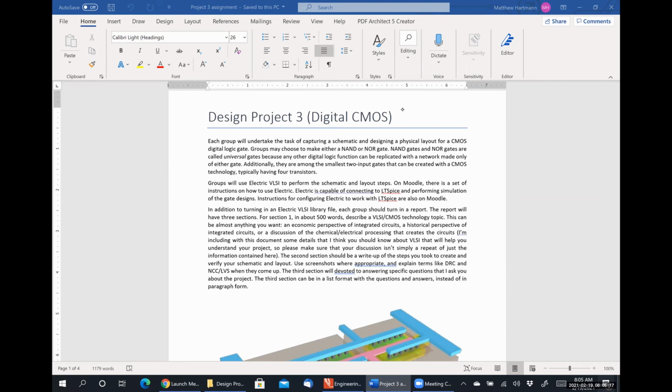All right, well, nobody's speaking up about anything, so I would highly encourage you to download Electric over the weekend and start playing around with it, trying to configure it and things like that. The hardest part of using Electric is getting it set up properly. So the earlier you start on that, the easier your life will be.